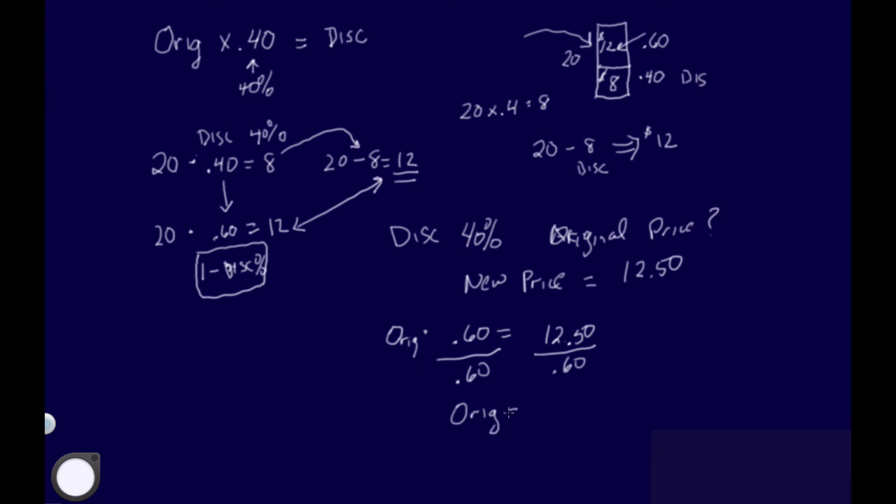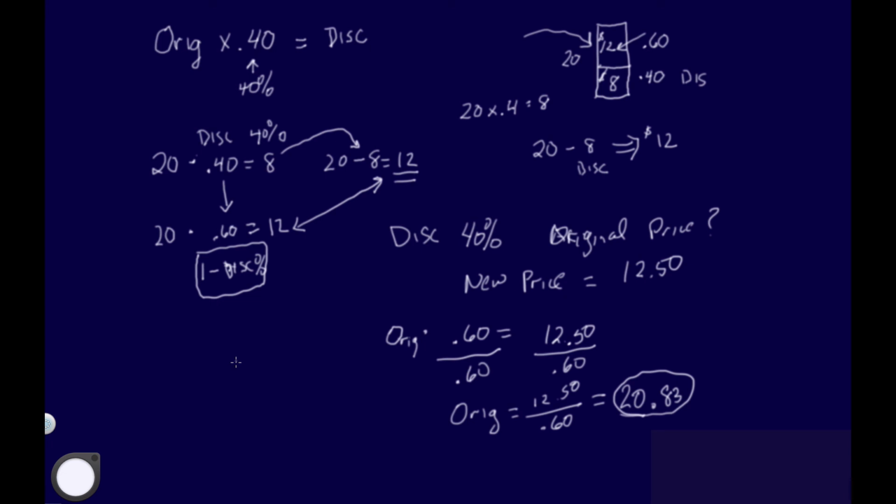And we have our original price is equal to $12.50 divided by 0.60. When we do that, we end up with 20.83. And so the original price was 20.83.